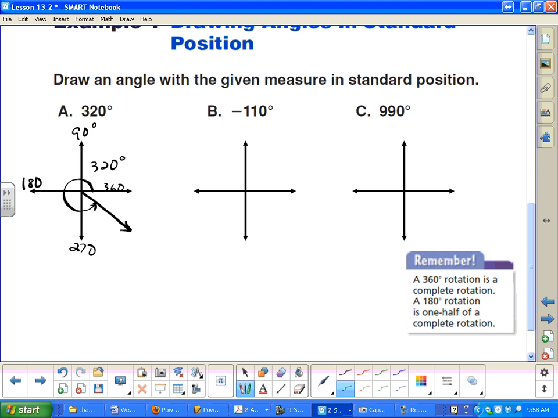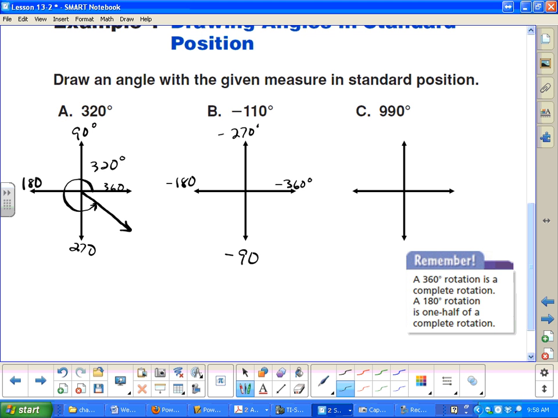Now notice there's an arrow there. If you don't have an arrow, we don't know which direction it goes, so you need to make sure there's an arrow. Here, negative degrees: negative 90 would be down, same as where 270 is in positive. Negative 180 is the same as where positive 180 is, and negative 270 would be up here, and this would be negative 360 degrees.